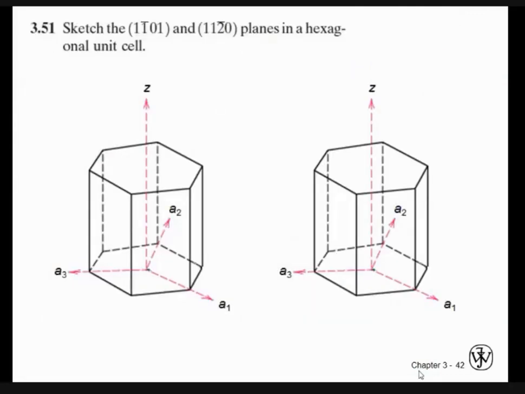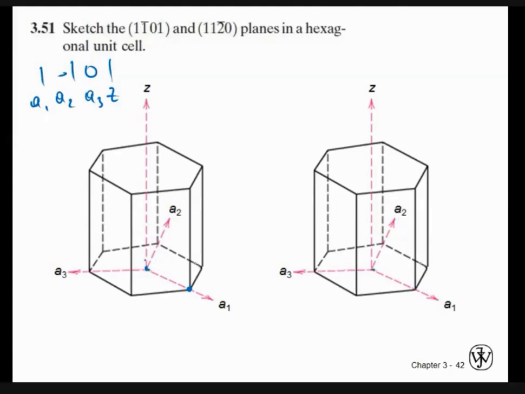Now, this time let's do the reverse. This time planes are given and we are required to sketch the planes. So what we need to do, open the brackets: 1, -1, 0, 1. It will be A1, A2, A3, and Z axis. So this plane should intersect A1 at point 1, so 0, 1 again.